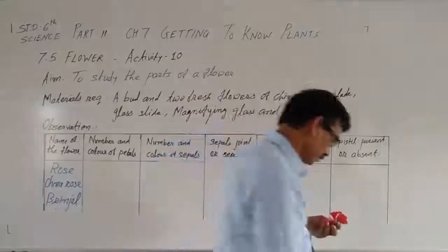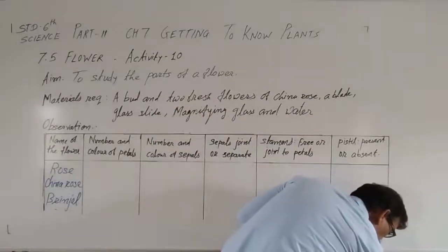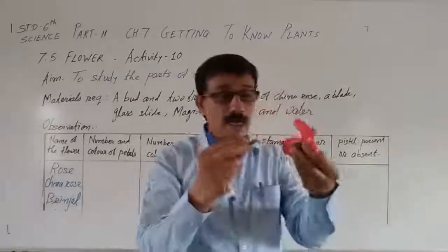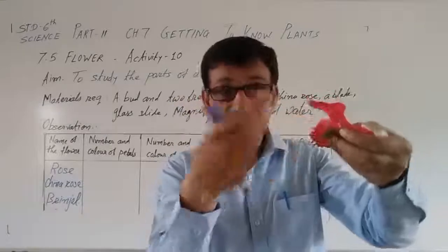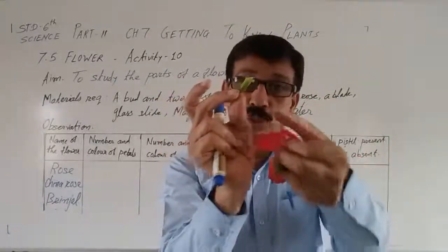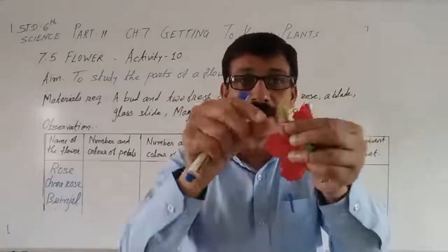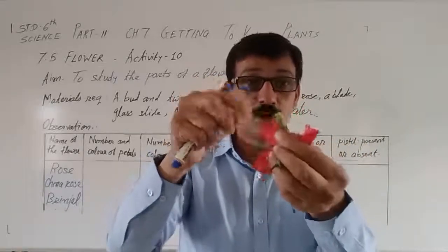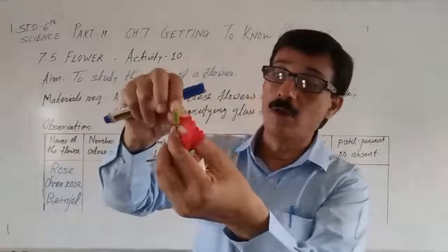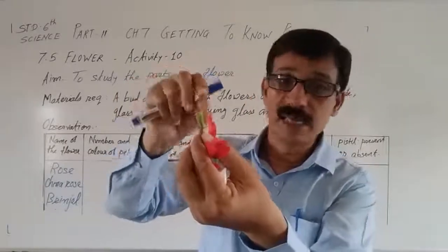Let me show you. These are the separated sepals from this hibiscus. This is not a flower, but the sepals of hibiscus or China rose, and you can see all these are joined together, isn't it?